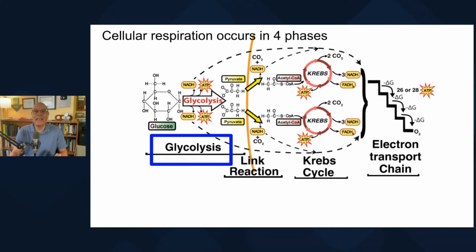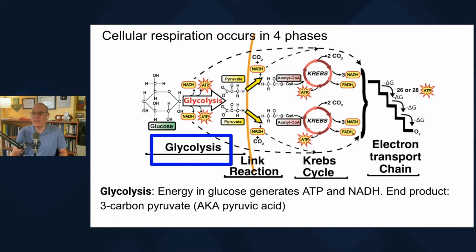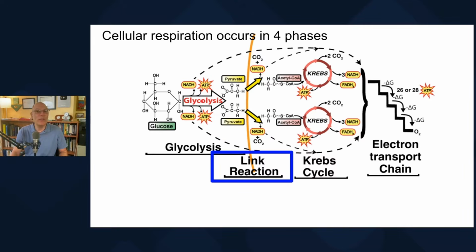Cellular respiration can be broken down into 4 phases, the first of which is glycolysis. During glycolysis, which occurs over here, energy in glucose generates ATP and NADH. The end product is this 3-carbon molecule called pyruvate or pyruvic acid. That's glycolysis, the first phase of cellular respiration. After that, we have the link reaction.